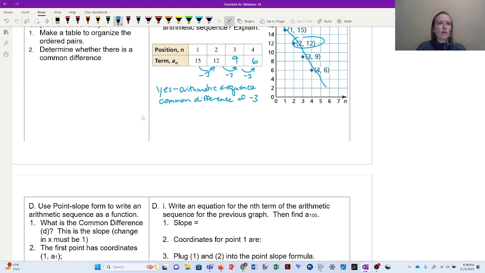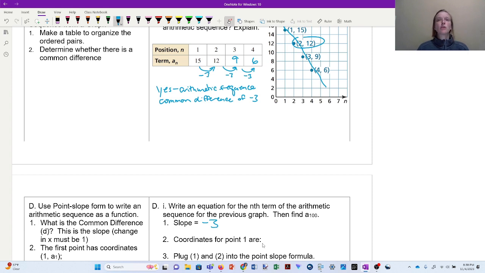So the slope on that graph was in fact -3 because the slope is the same as the common difference so long as the steps are one at a time. The difference in the x value can only be 1 because you need consecutive terms in the sequence. So we know the slope is -3.